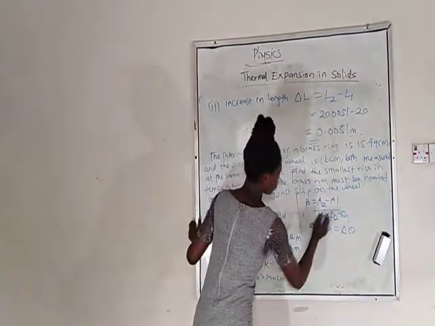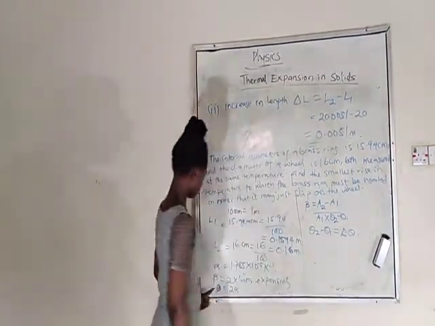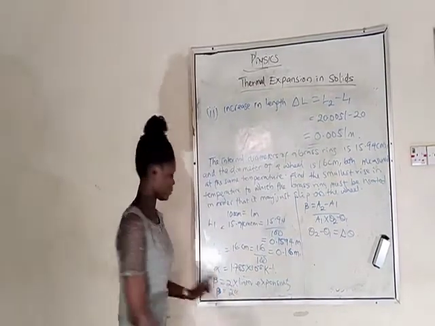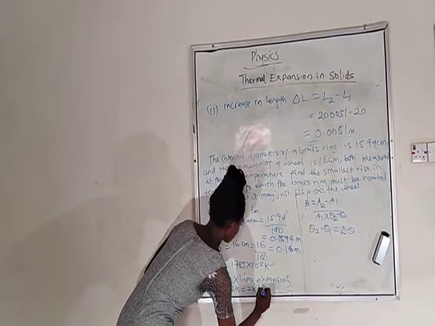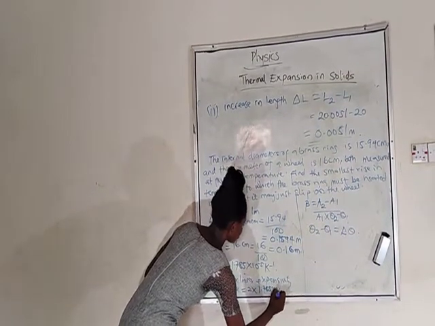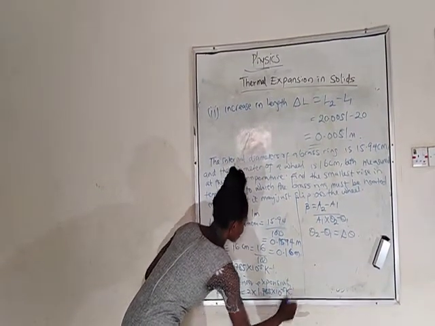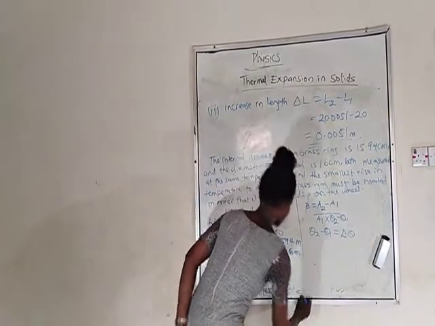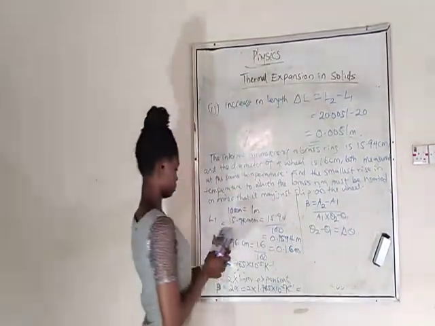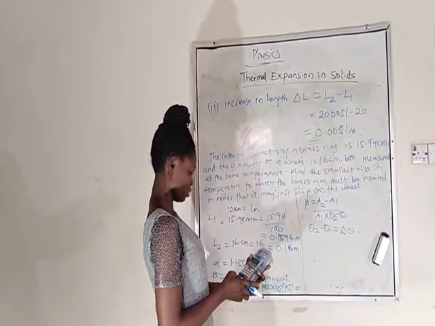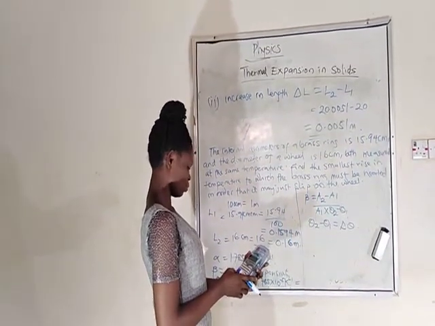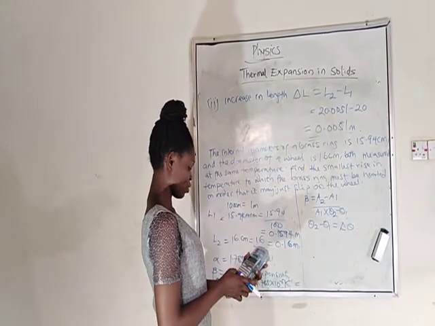So, from this equation, if beta is equal to 2 times linear expansivity, your beta is going to be 2 times what? 1.785 times 10 raised to the power minus 5 per Kelvin. And that will give us what? Pick up your calculator, don't sit and watch me. So you're going to punch that to verify that your answer is correct.